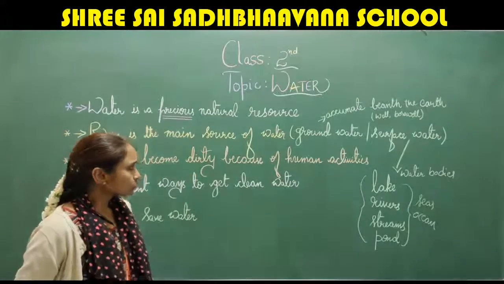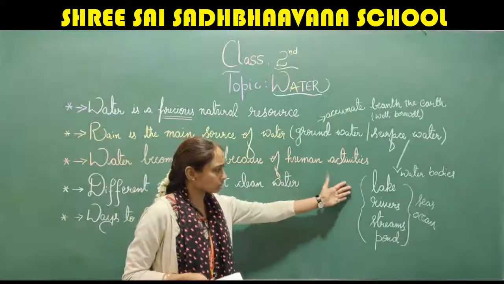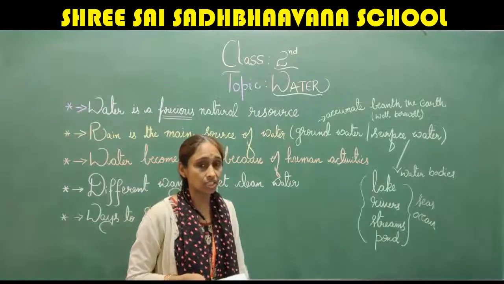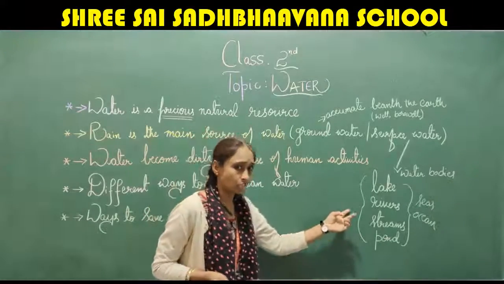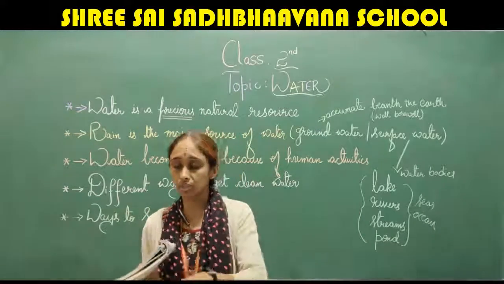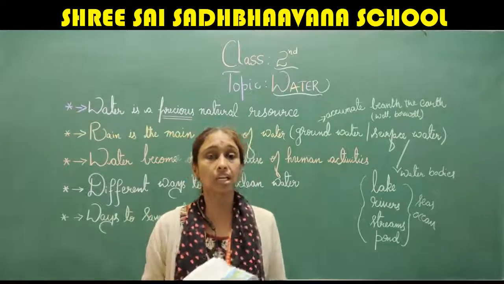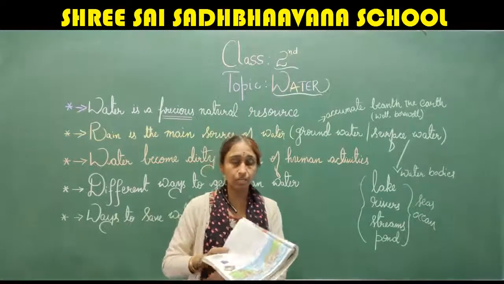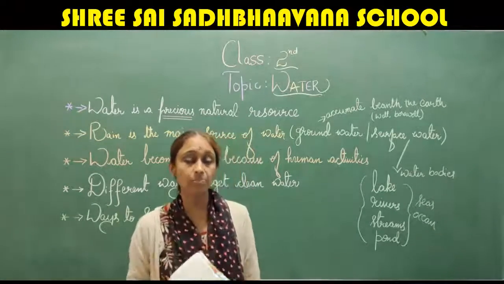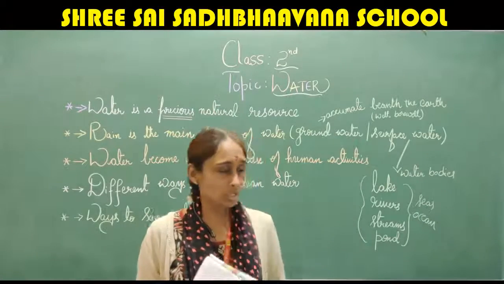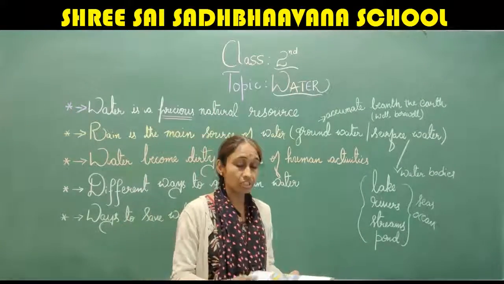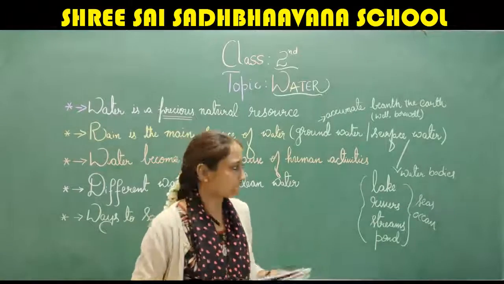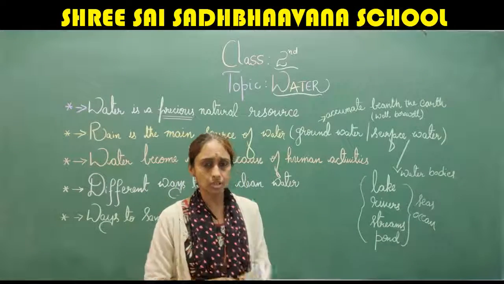Okay, so after making all these water bodies dirty, if we drink the dirty water, or if we use it for cooking, we will get upset, become unhealthy, or become sick. Okay, and as you all know, we need water for bathing also. Can we use dirty water for bathing?